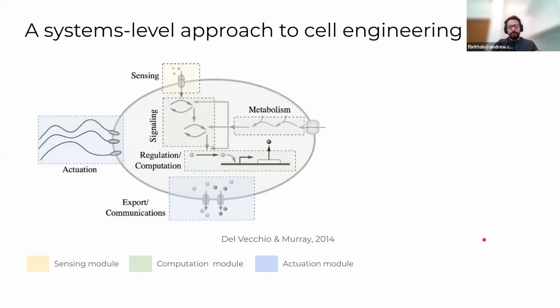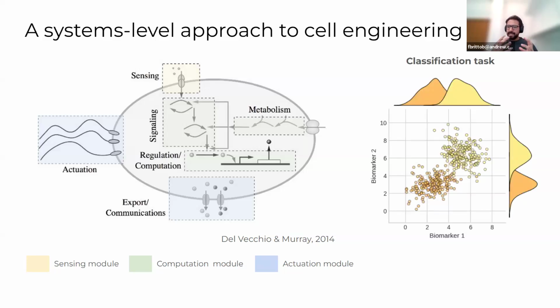I like to formulate this problem by thinking about what an observer cell would be looking at, and how it would consider this classification task. This is the visualization I would like to introduce right now: the classification task that the cell would be trying to solve.